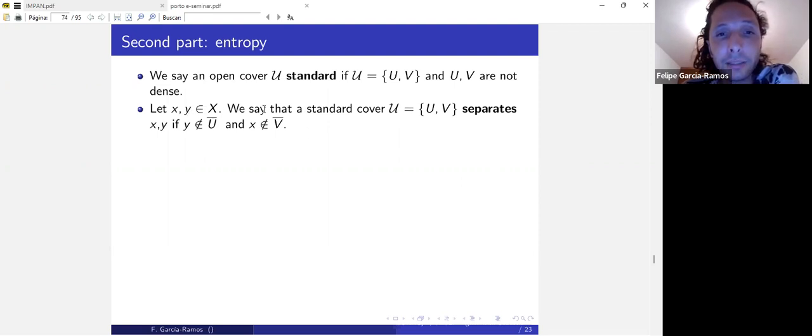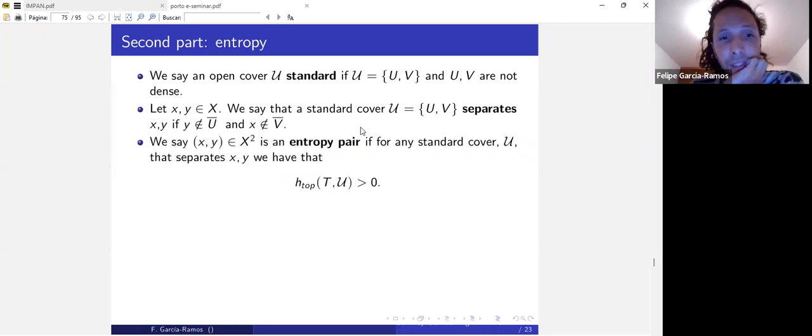A standard cover separates x and y if y is not in the closure of U and x is not in the closure of V. We say (x, y) is an entropy pair if for any standard cover that separates x and y, we have positive entropy with respect to this open cover. This was introduced by Blanchard in the 90s.